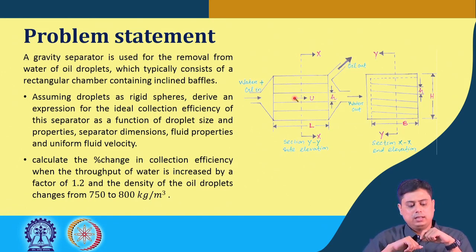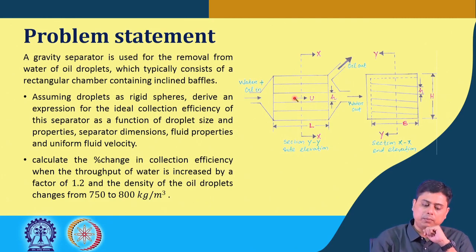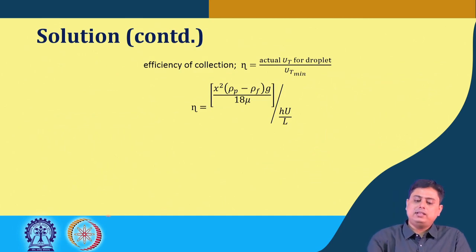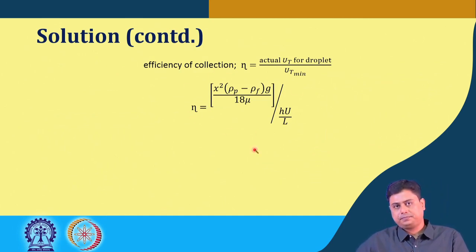The second part is to calculate the percentage change in collection efficiency when the throughput of water is increased by a factor of 1.2 and the density of the oil droplet changes from 750 to 800 kg per meter cube. So, we have to calculate this percentage change in efficiency from this expression.